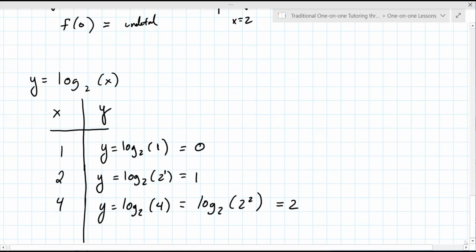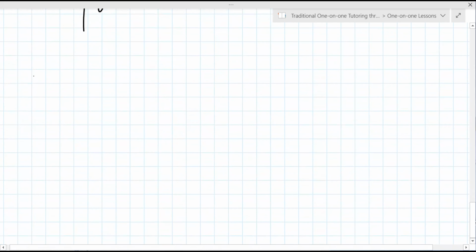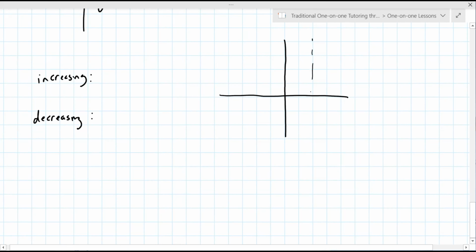Unfortunately, I have to go down here and grab the graph again. It looks something like this. Increasing means it's going up and to the right.